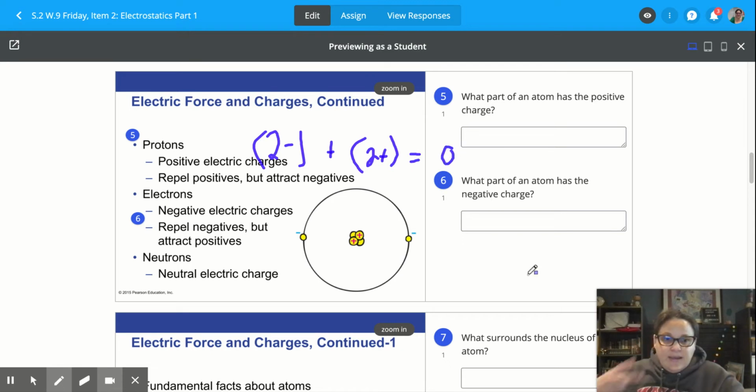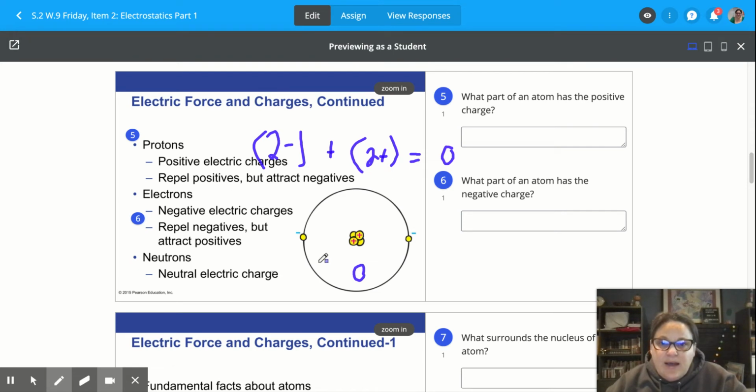If I gave you 2 and then took away 2, that's 0. And so this picture represents an atom that has a 0 charge because it has 2 electrons and 2 protons, which cancels out.